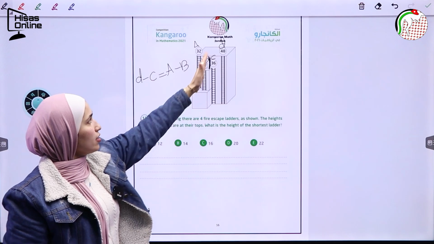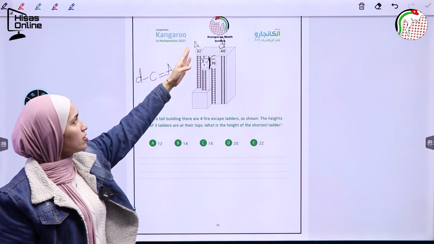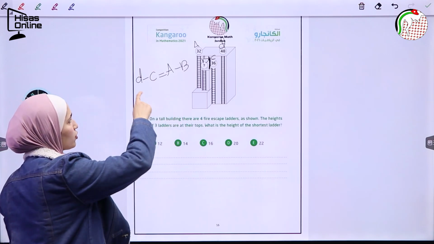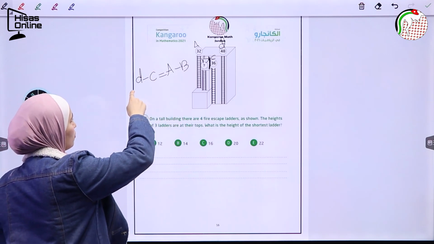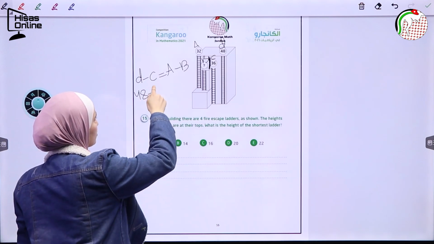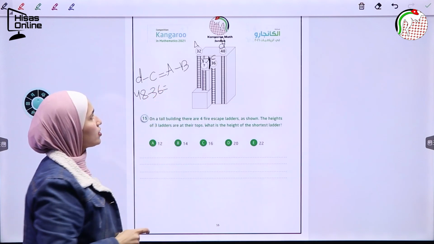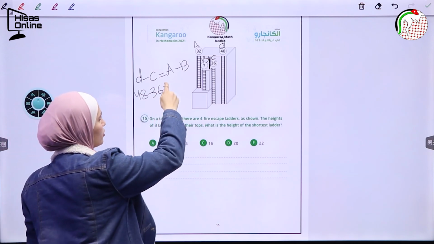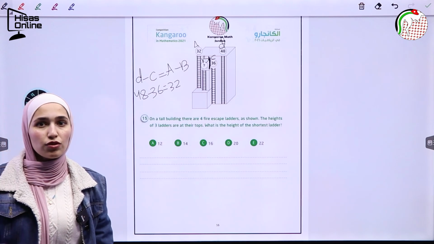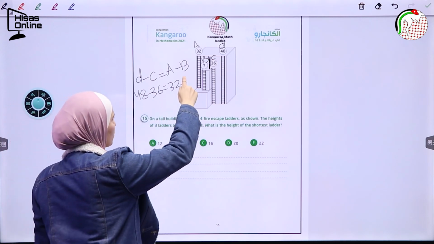So D minus C equals A minus B, this unknown height. So what is the height for ladder D? 48 minus the height for C, 36, equals the height for A, 32, minus B, and we don't know the height for B, so minus B.